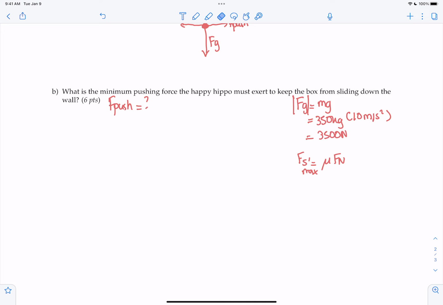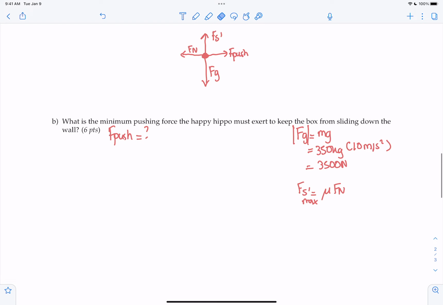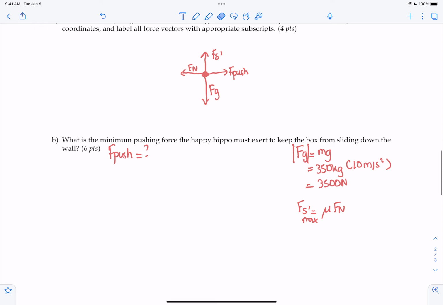It says, what is the minimum pushing force? If I'm pushing at a minimum, then let's imagine that box between my hand and the wall.